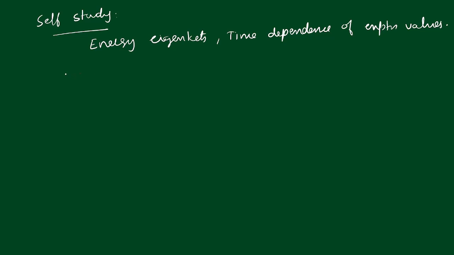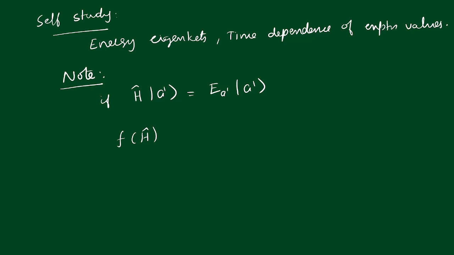So what you will need to understand this is the following point. If the ket A prime is an eigenvector of the Hamiltonian with eigenvalue E A prime, then if you have some function of the Hamiltonian acting on A prime, you can write it as f of the eigenvalue acting on A prime.